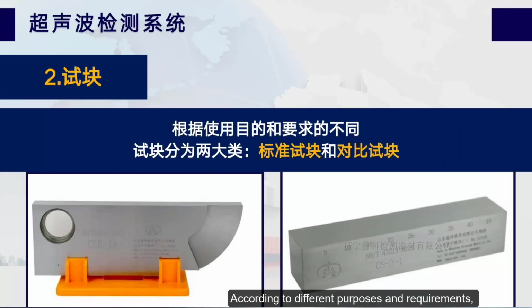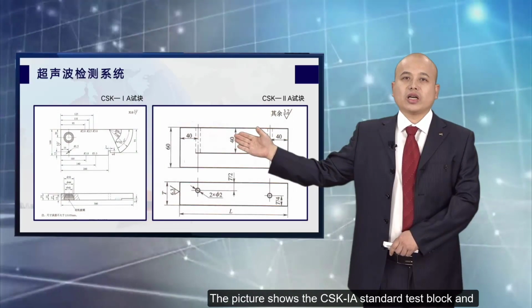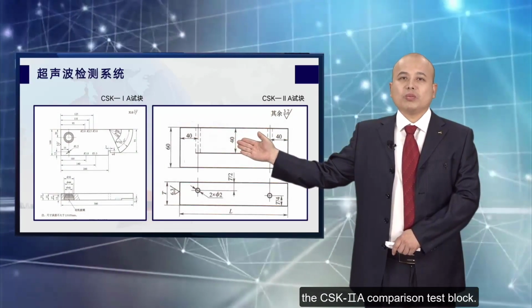According to different purposes and requirements, test blocks are usually divided into the following two categories: standard test blocks and comparative test blocks. The picture shows the CSK-IA standard test block and the CSK-IA comparison test block.